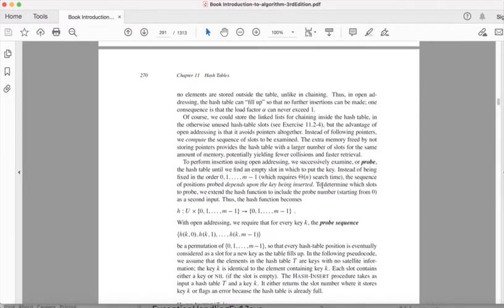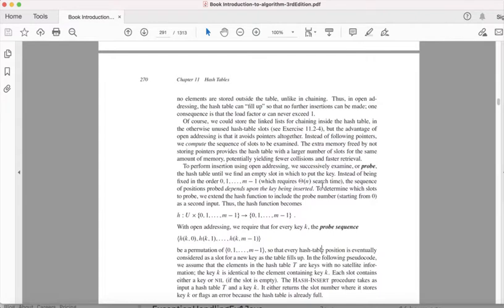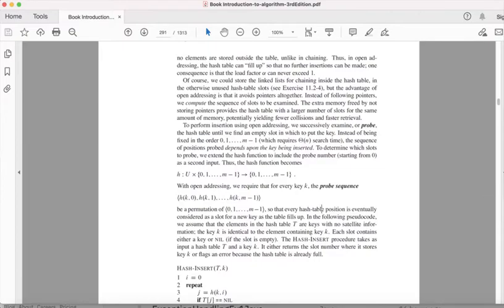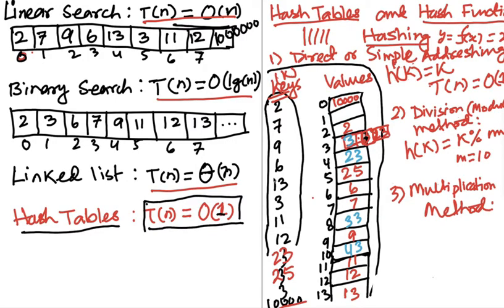Probe means a kind of offset. In our discussion, what we want in our final implementation is to use unused memory, unused spaces, for our hash table.